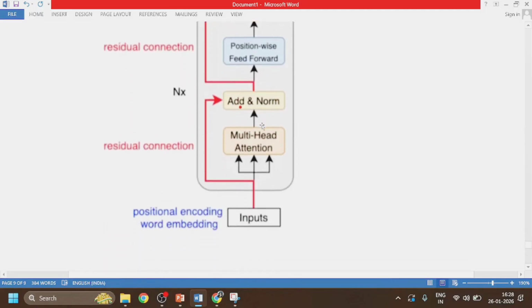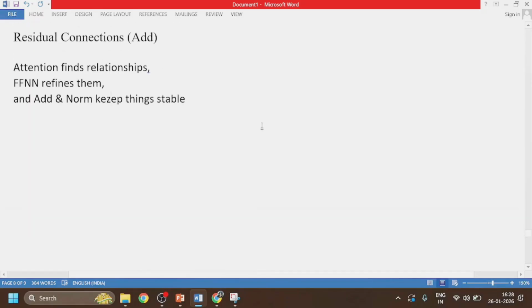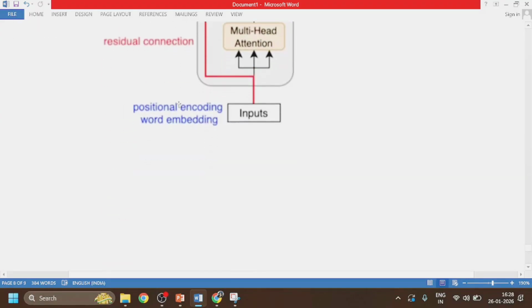So finally we say: attention finds the relationships, the FFNN, meaning feed forward neural network, refines them, and add and normalize keeps things stable. I hope you got it.